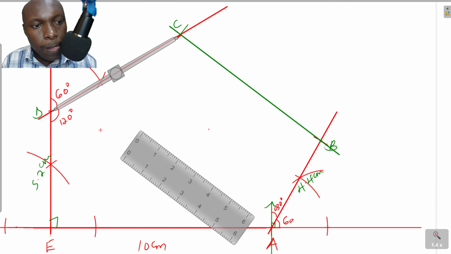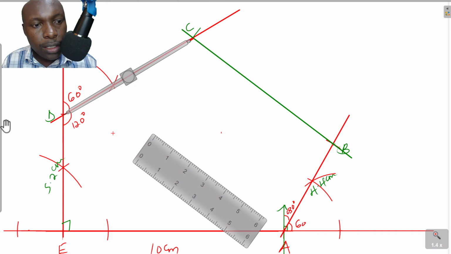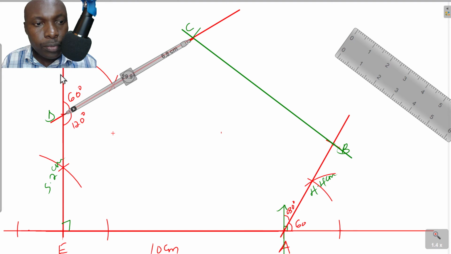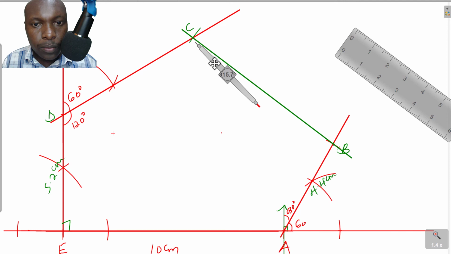So we need to quickly bisect that angle. Taking a pair of compasses, standing at C, this is how you bisect that angle. Let me reduce this a little bit.